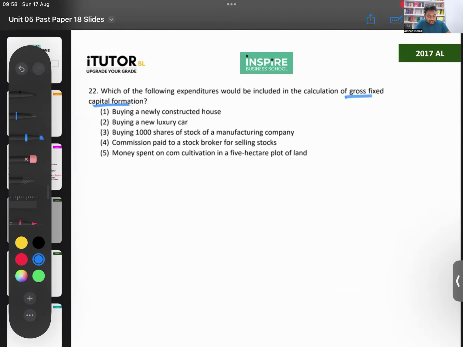Okay. Which one is this? Gross fixed capital formation. Which one can you put? Newly constructed house could be. Luxury car. Luxury car won't be under fixed capital formation. A luxury car will come under private consumption. Buying shares, that will not at all be in the GDP. Commission paid to stockbrokers, that will not be either in the expenditure approach.